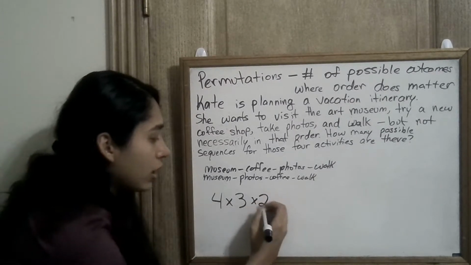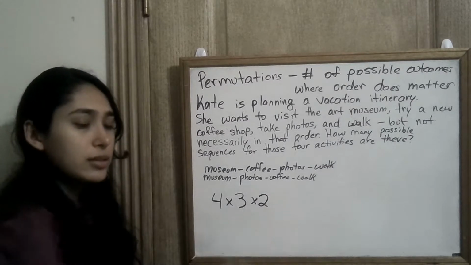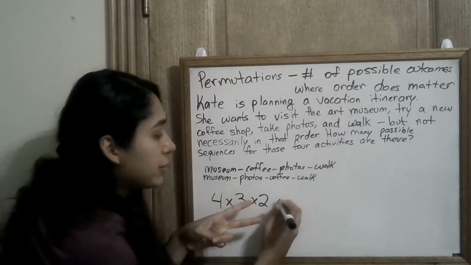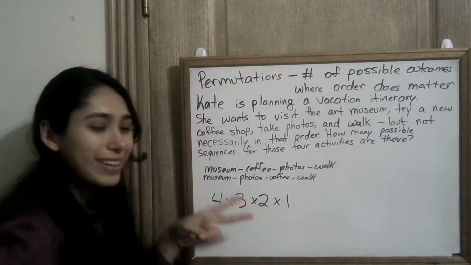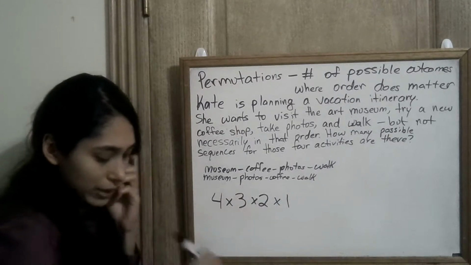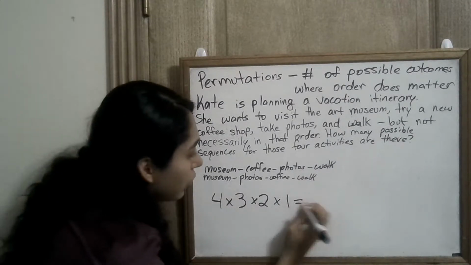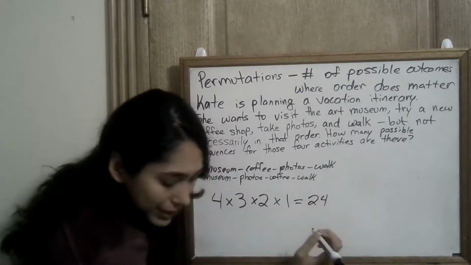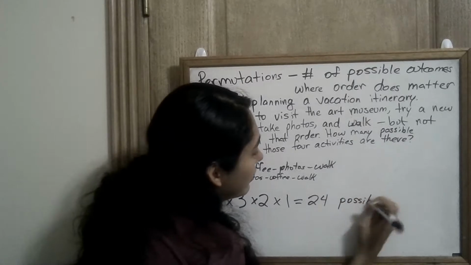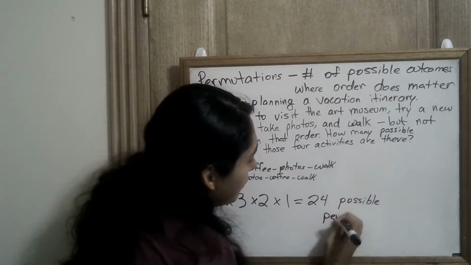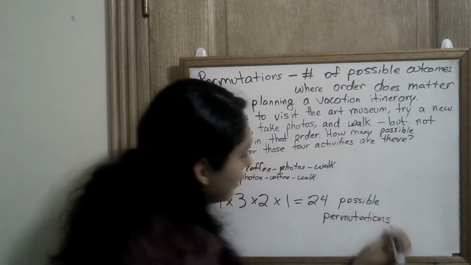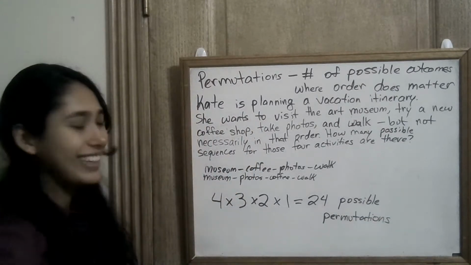Same thing, we're going to multiply that by 2 because from those 3 options, we select 1, we're left with 2. And you guessed it, we're going to multiply that by 1 because we chose 1 from those options, we're left with 1. So we just multiply this, we are left with 24 possibilities. So 24 possible permutations. Much easier.